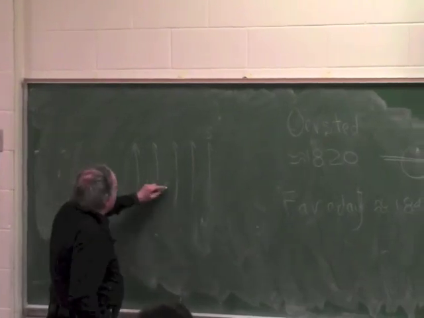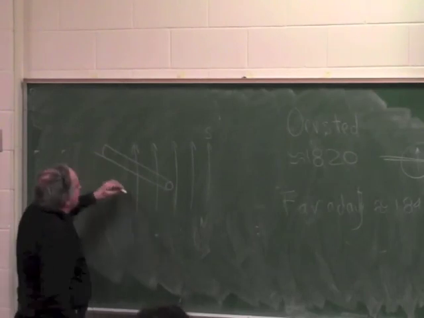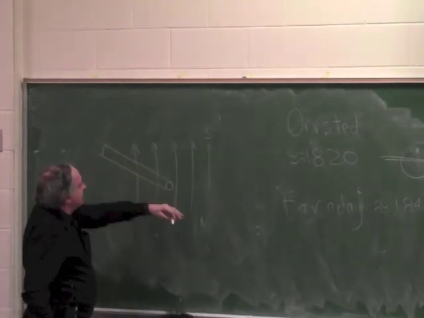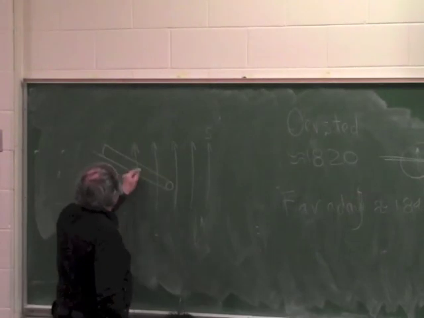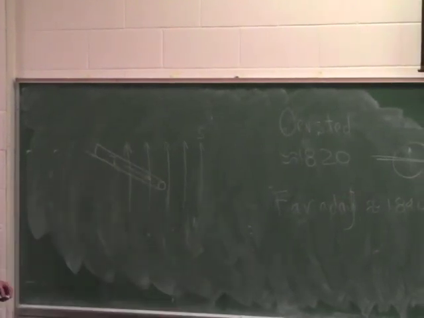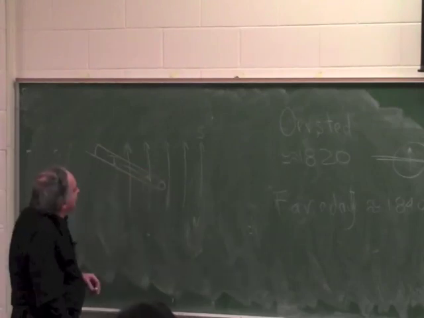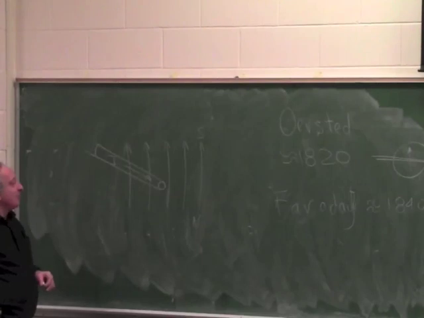So now you have a conductor here, and if you draw it in 3D, the conductor goes through the magnetic field, and let's say there's a current I flowing through the conductor. The current, the magnetic field, and the force which will be created will be perpendicular to each other.